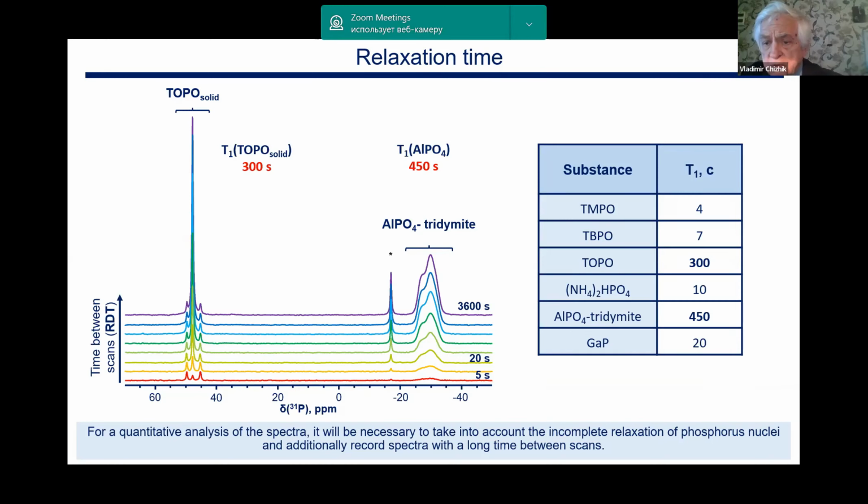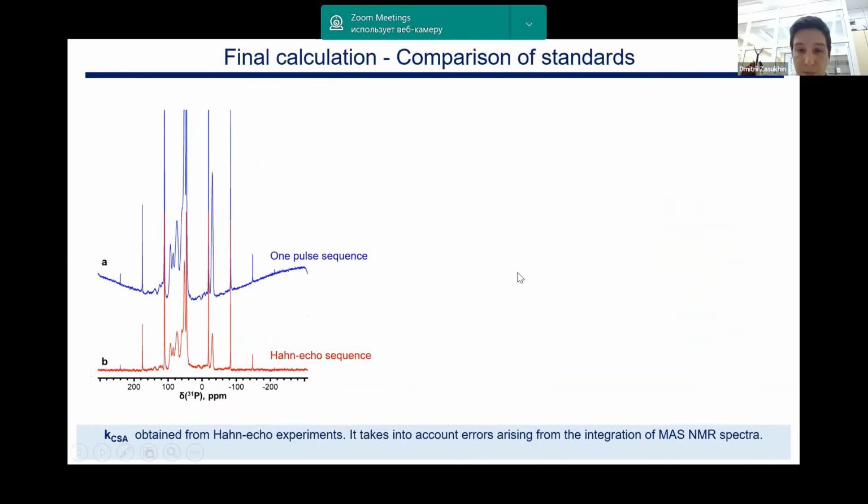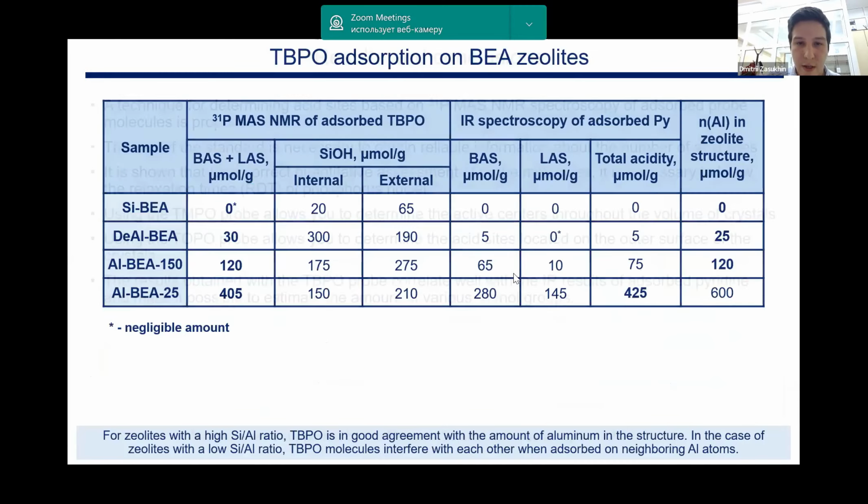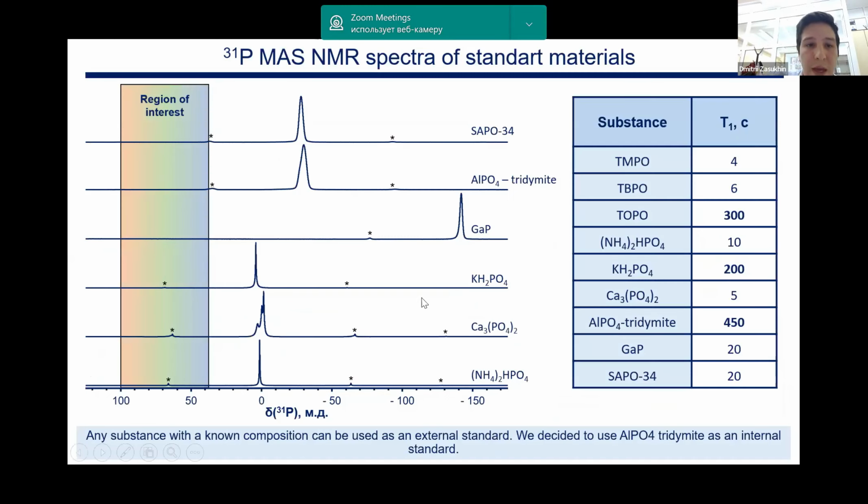In the slide, you can see the region where signals attributed to probe molecules on acid sites are located. And when we use an internal standard, we should decrease the rotation rate to prevent overlapping of spinning sidebands with signals.